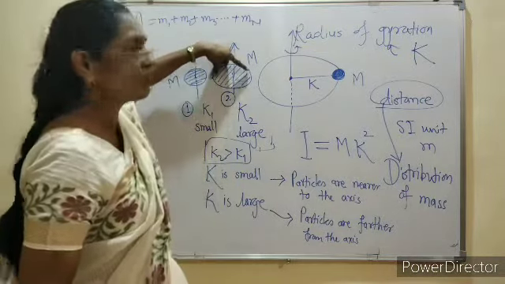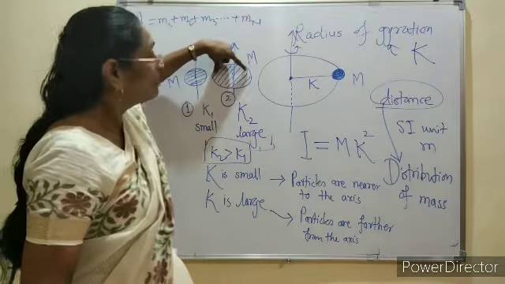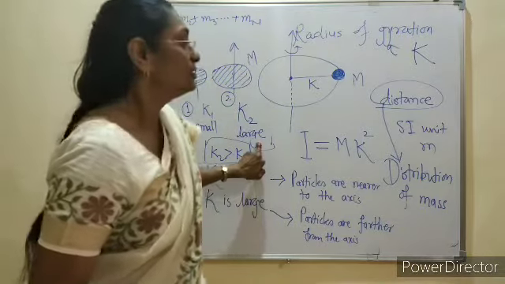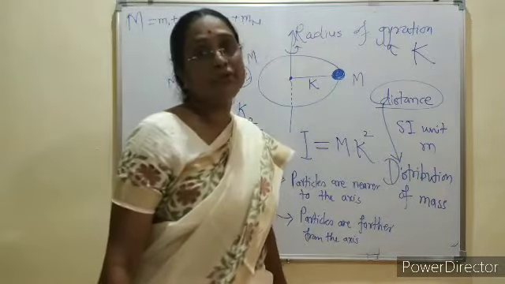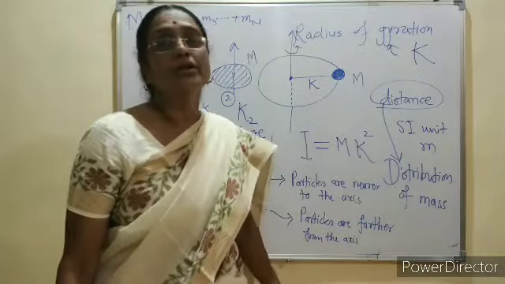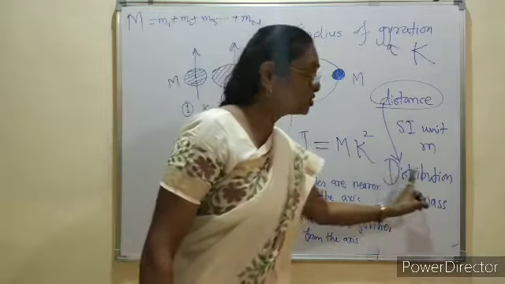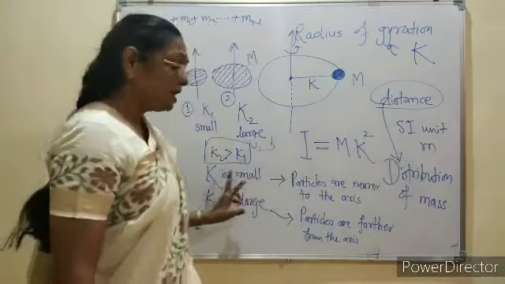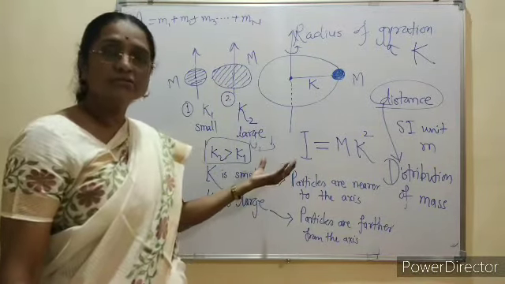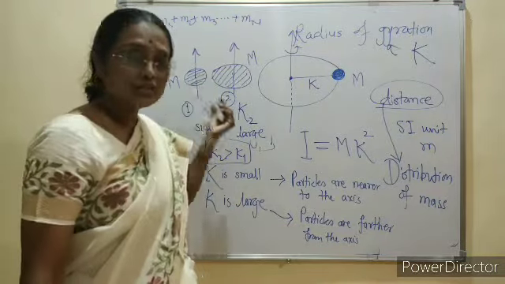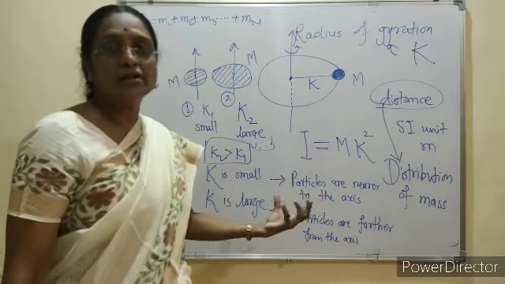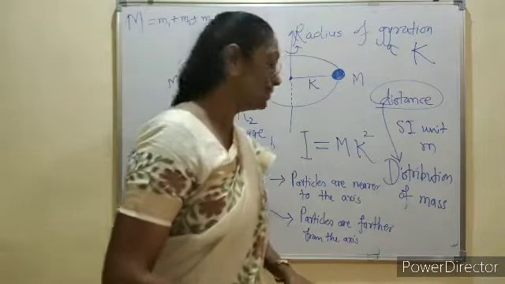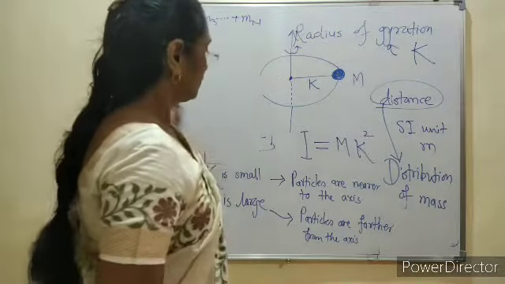So the distribution of mass is at larger distances from the axis of rotation, therefore k2 is large. This is the physical significance of radius of gyration. It indicates the distribution of mass from the axis of rotation. If k is small, particles are closer to the axis, and if k is large, they are farther from the axis of rotation.